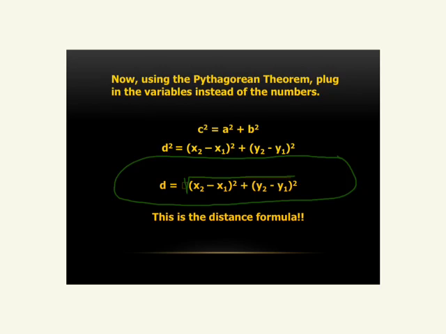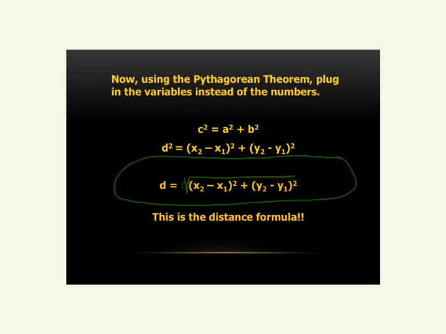That's the distance formula. Now once again, students, if I'm given a graph, I would simply drop a vertical line, draw over a horizontal line, and use the Pythagorean Theorem. But if they don't give you a graph, if they simply state two ordered pairs, then I would take those two ordered pairs and plug them into the distance formula.